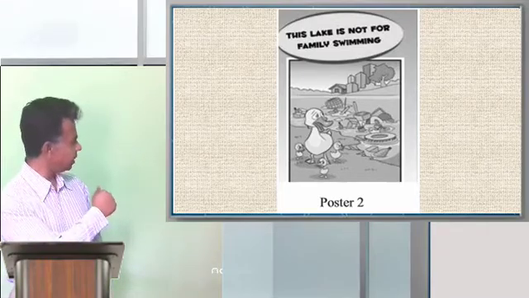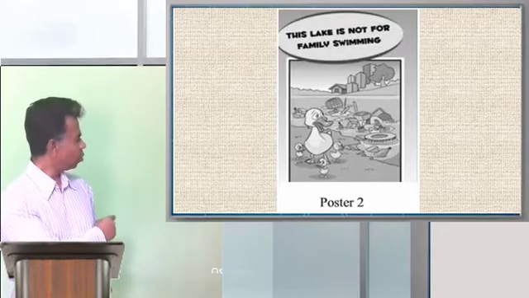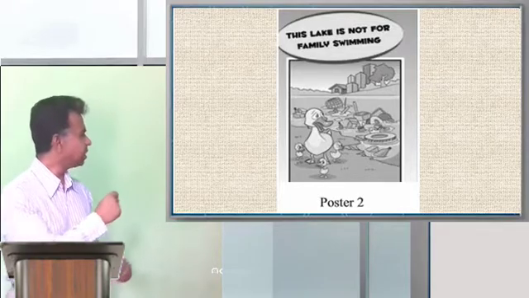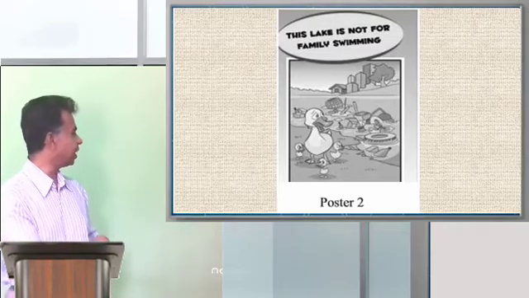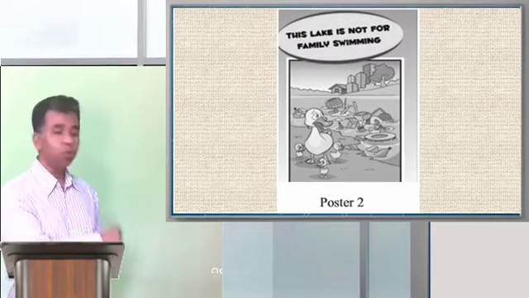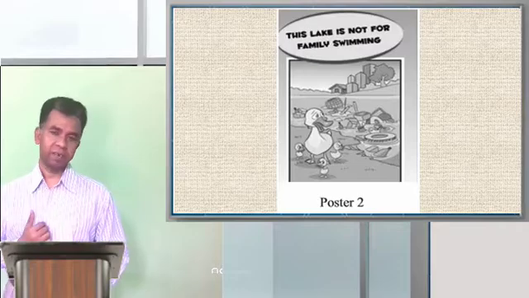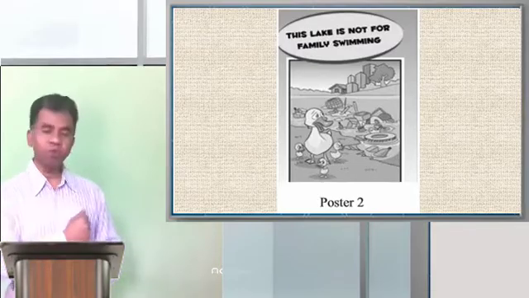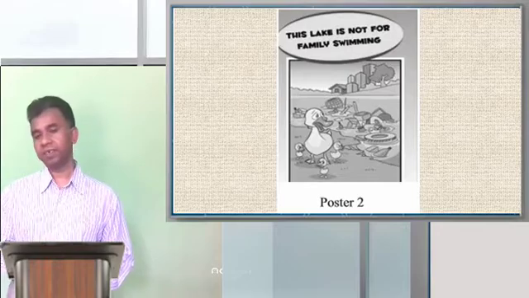The lake seems to say that it is not suitable for swimming with her kids, and so she is going away. The duck is going away because the water is not suitable for her to swim in.